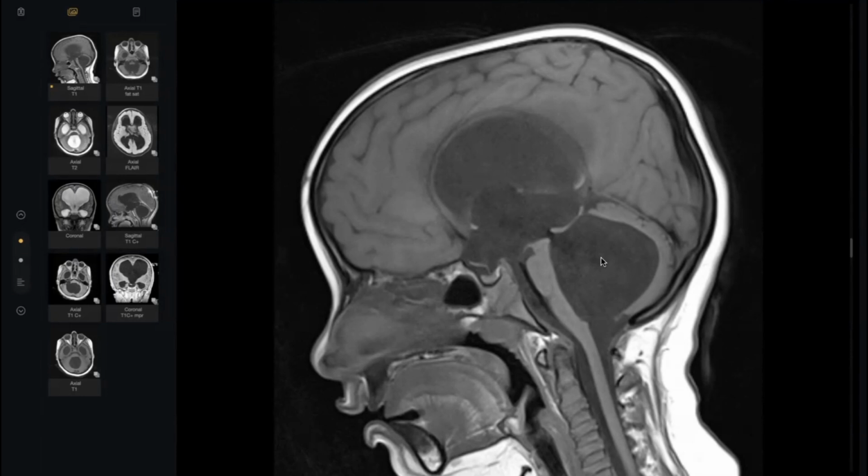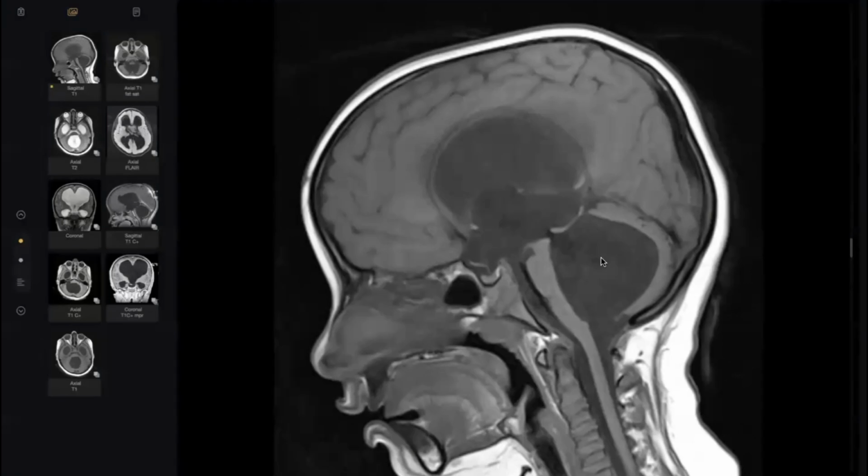There is marked compression over the cerebellar hemispheres, which is causing their thinning and displacement. The pituitary gland is normally visualized. There is thinning of the corpus callosum due to marked hydrocephalus.